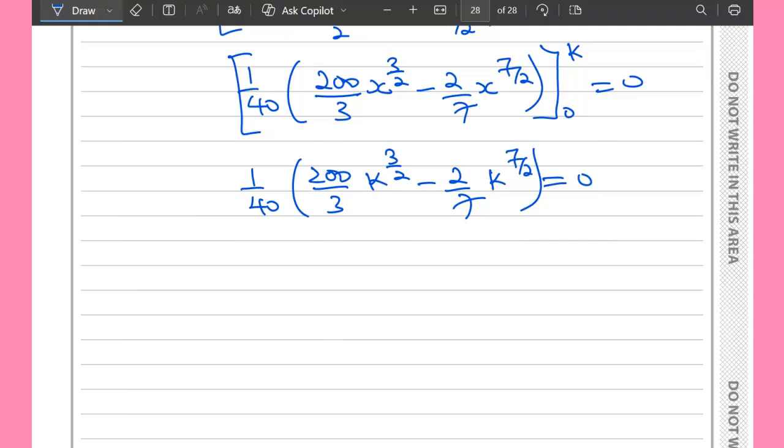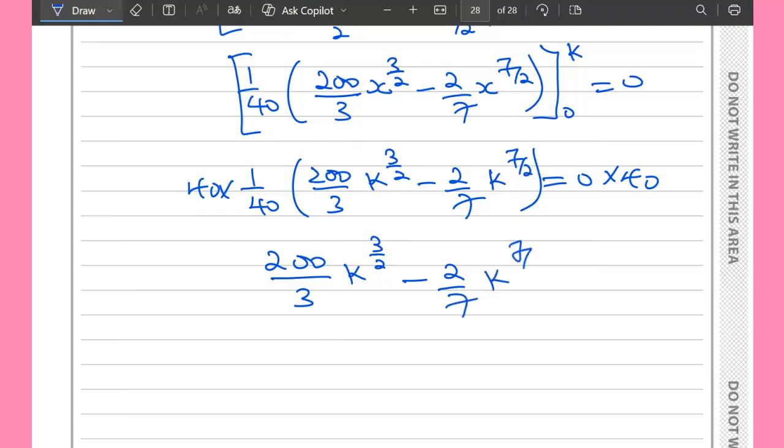So what we can do is multiply both sides by 40 just to remove that 1 over 40, so that what remains is simply 200 over 3 k power 3 over 2 minus 2 over 7 k power 7 over 2, and this should be equal to 0. Now since k is greater than 0, we can divide by k raised to power 3 over 2.